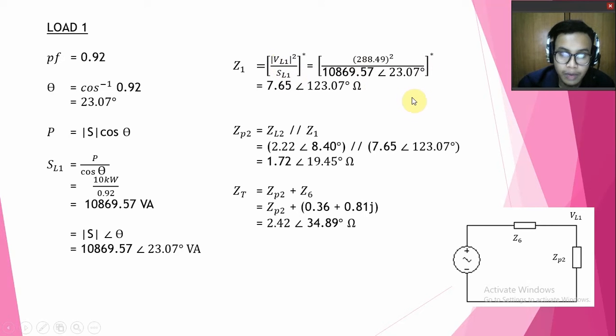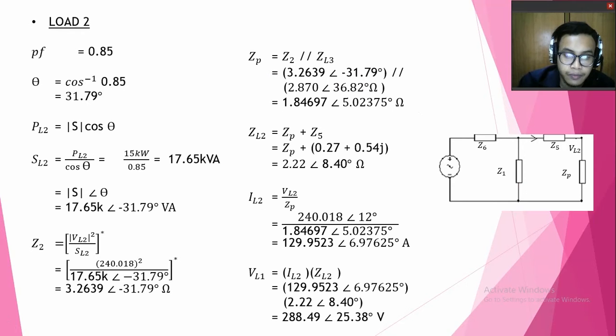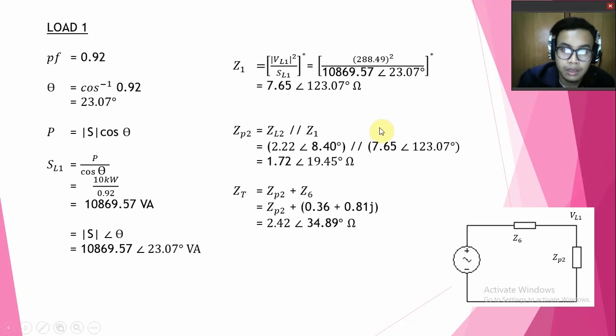The voltage load 1 we get in the previous slide. You can see it, 288.49 angle 25.38. So when we make the operation, we can get the answer of impedance 1.